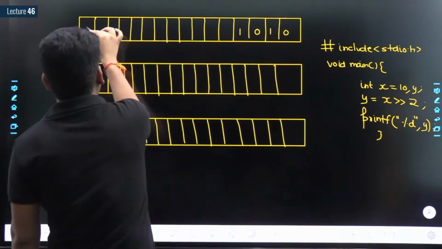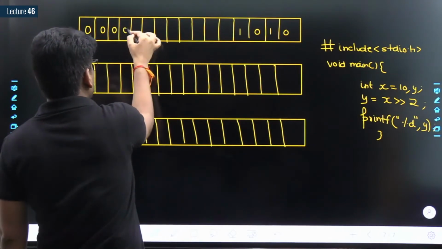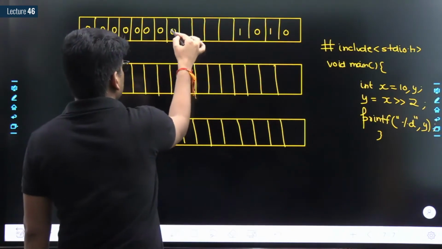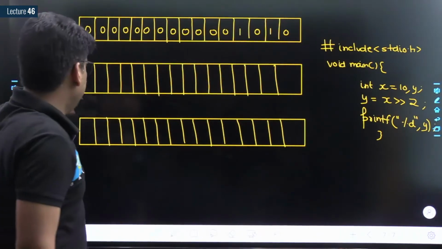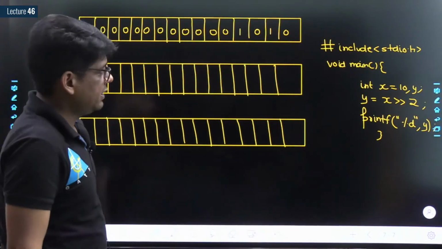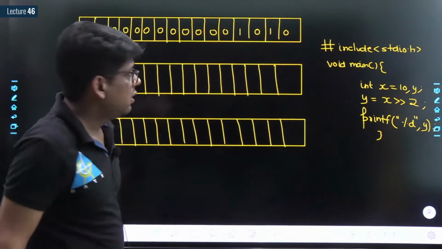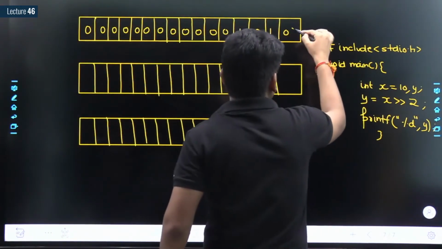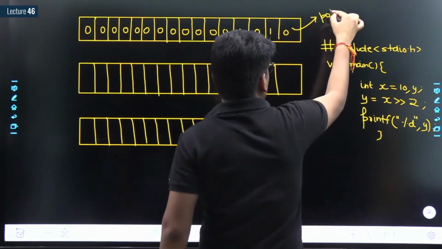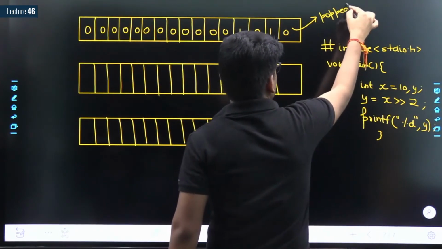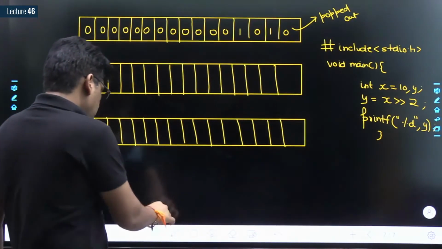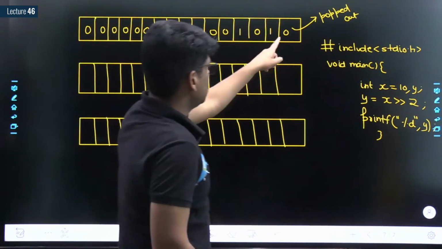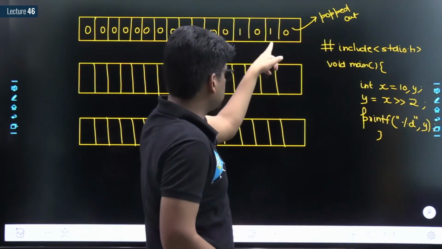1010, and all remaining bits are zeros. So done. We need to right shift it 2 times. When I right shift it one time, this bit goes out. This will be popped out, and this space is occupied by the next bit.